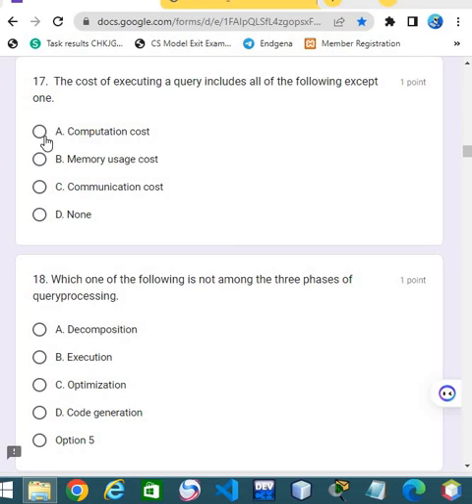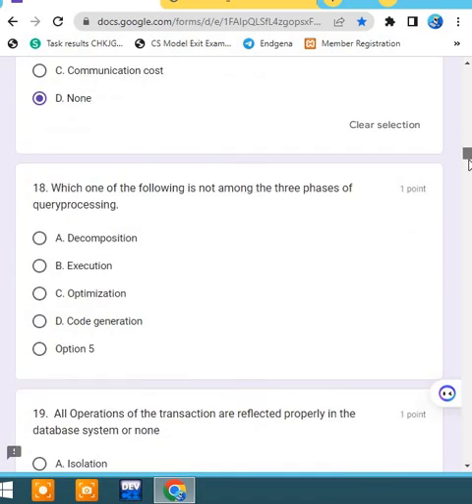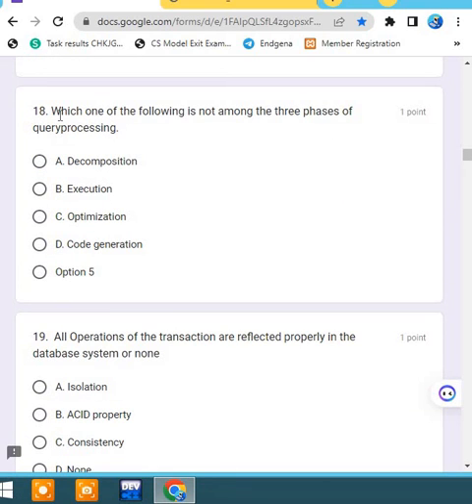A) conceptual cost, B) memory usage cost, C) communication cost, D) none of these. Our answer is D, none.